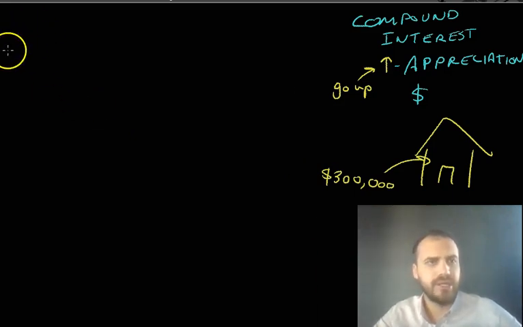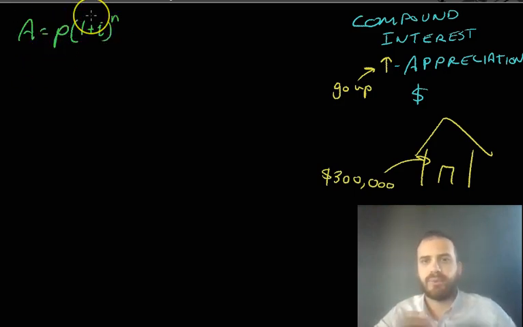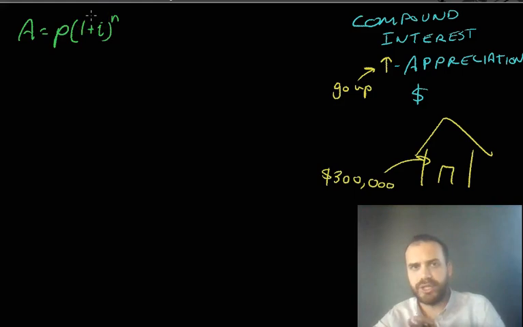The only difference here with our formula, I guess, is that you're used to having a compound interest formula that looks like this, which is great. But when we deal with appreciation, we're just going to use slightly different terminology.